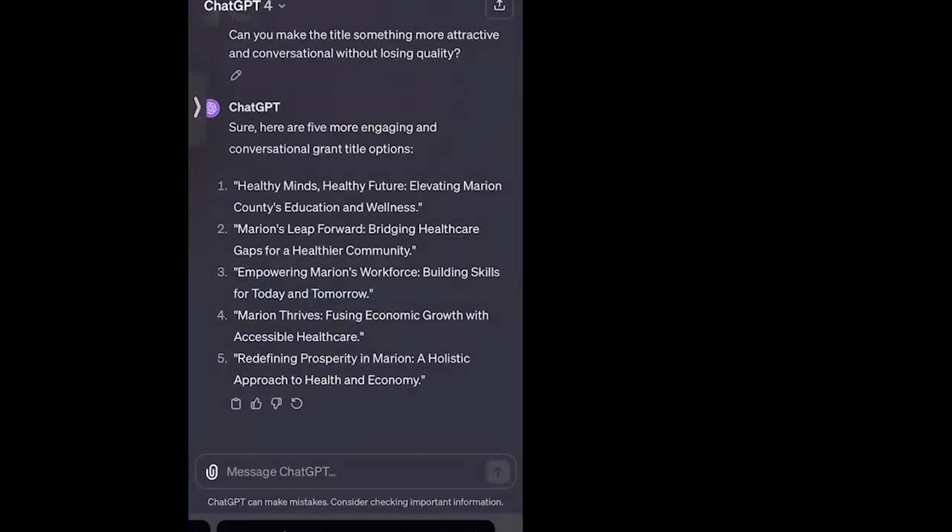ChatGPT is doing a good job of reading it, but what it does not understand is that when they say healthcare foundation, they do not mean good blood pressure and stuff like that. They're actually addressing the social determinants of health. I just know that because I know the background of what they mean when they say healthcare.